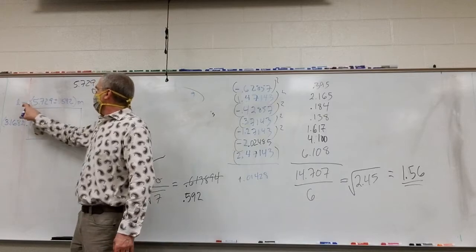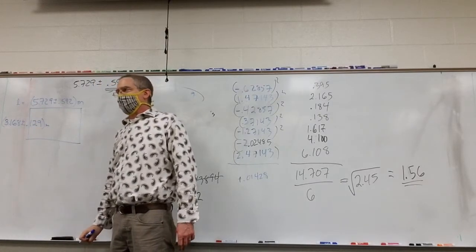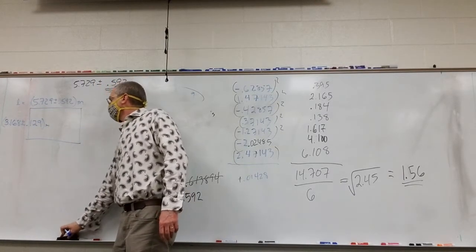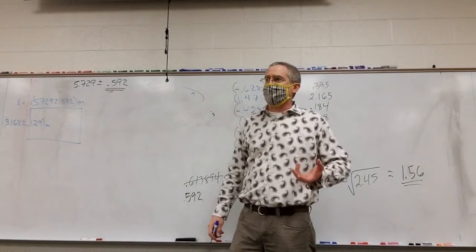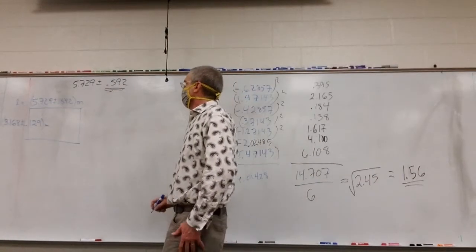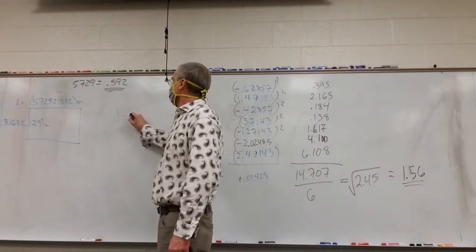So each of these has an uncertainty built into it. So my area better have an uncertainty also. So the question is, how do we deal with that uncertainty? Well, I know that area is length times width.